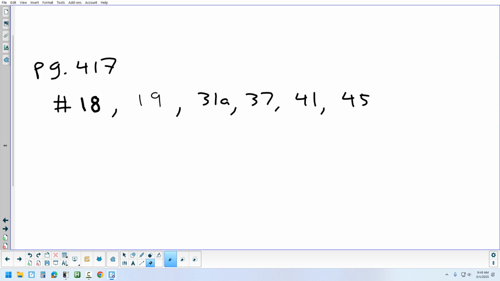That's a review question from yesterday. Let's just take out that one. Let's try that one. That's a tangent one, so 22 might be a little bit harder, but it only has a 2 in it. If it was a 3, it would be hard, but it's only a 2, so that's actually fine. Okay, so 18, 19, 22, 37, 41, and 45.